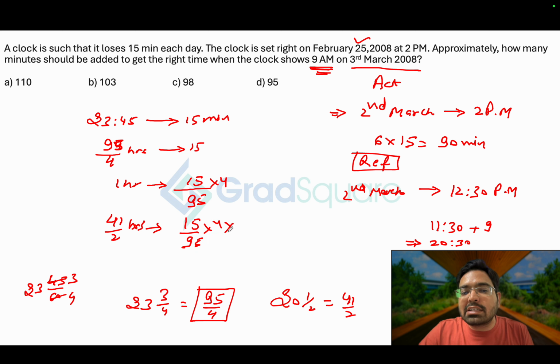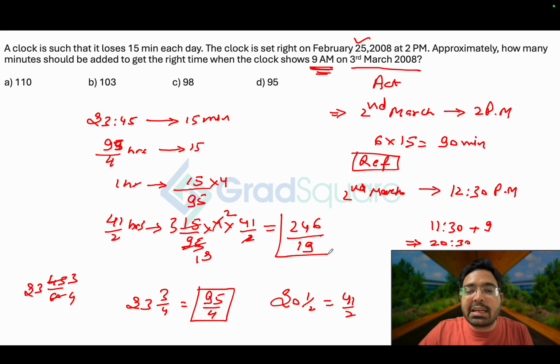It will lose this much into 41 by 2. So if you solve this further, what are we going to get? 2 2s are 4, 5, 19, 3 over here. So this is going to be 6, 6, 246 divided by 19. It will lose this much.